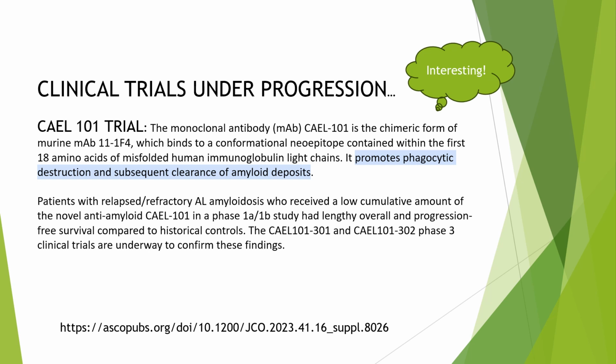The phase 1A and 1B study showed this. The KL101-301 and KL101-302 phase 3 clinical trials are still underway to confirm these findings. So hopefully we'll be getting positive results soon.